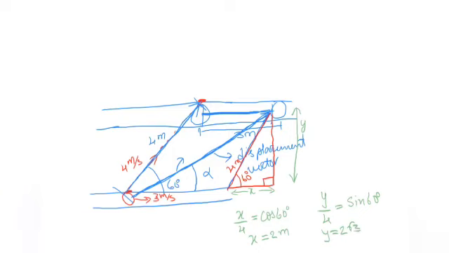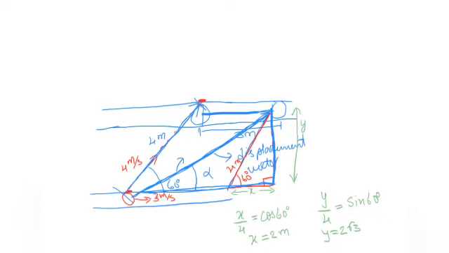Now let us say you have to find this length, isn't it? That length is the hypotenuse of this side and this side.